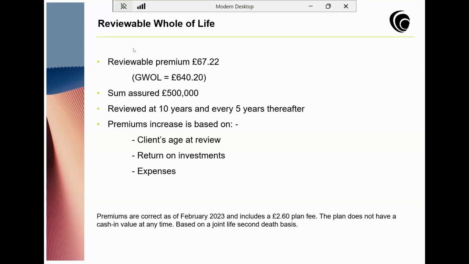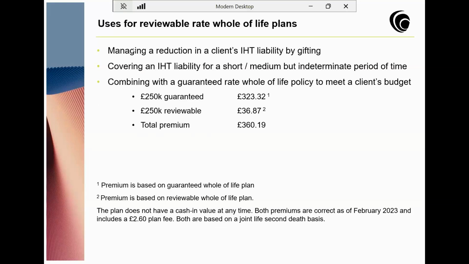So as you can see, it's £67.22 to begin with. That, however, will increase significantly during the lifetime. If they live to their normal life expectancy, this type of policy would work out more expensive than the guaranteed. It may be, if we look at the next screen, that we would actually use a combination though.